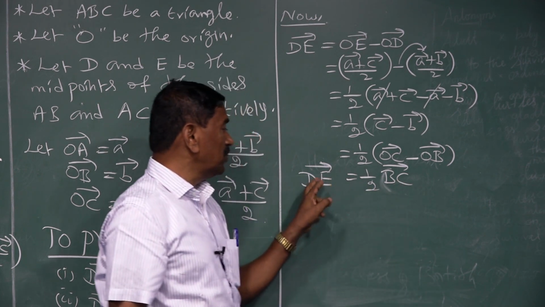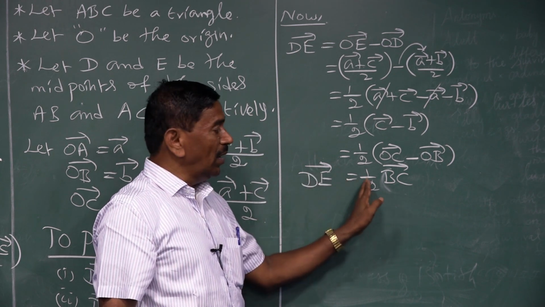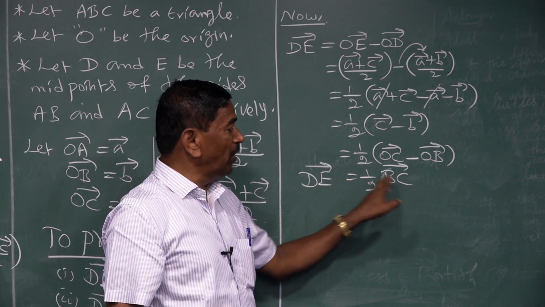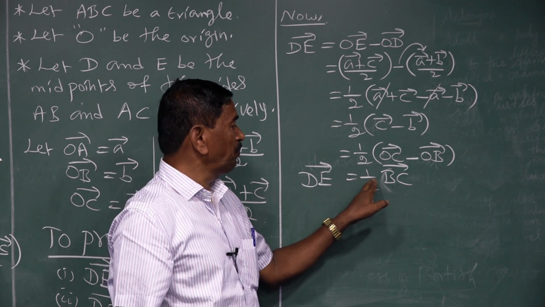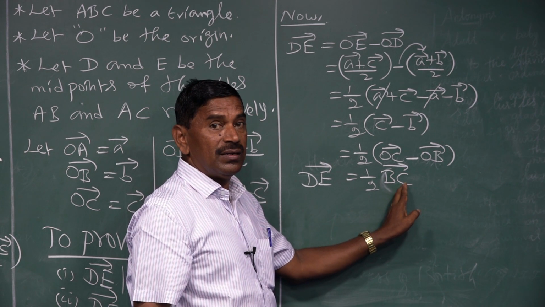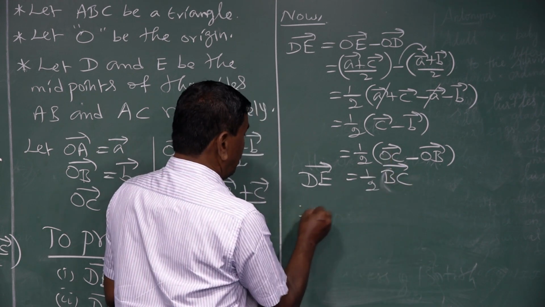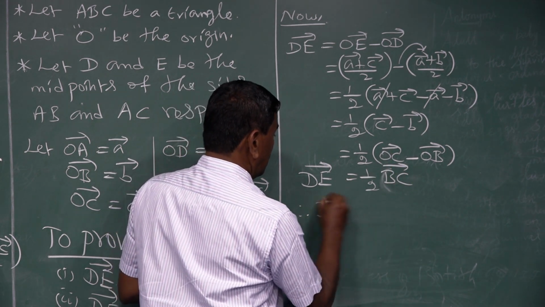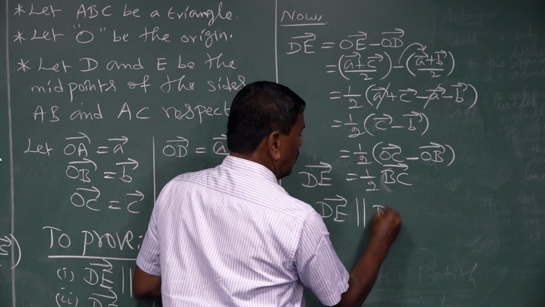And it is of the form DE vector is equal to lambda into BC vector, where 1 by 2 is some scalar. Therefore, DE vector and BC vector are parallel.